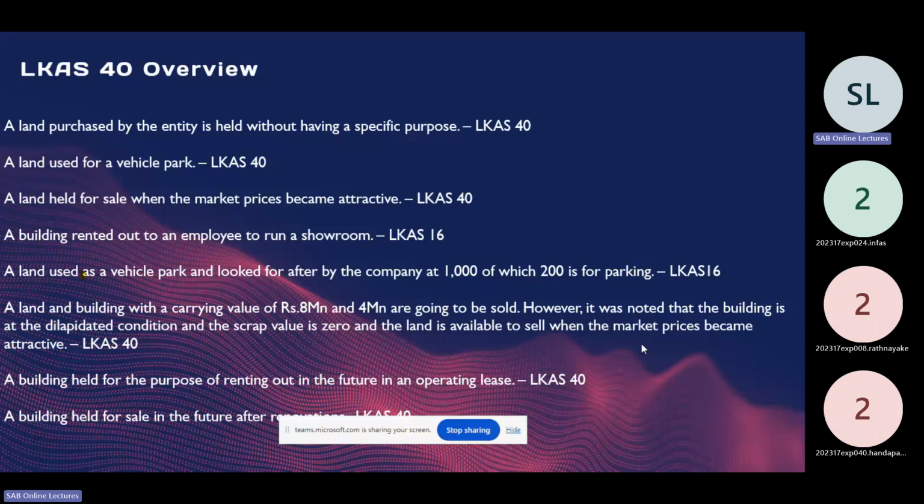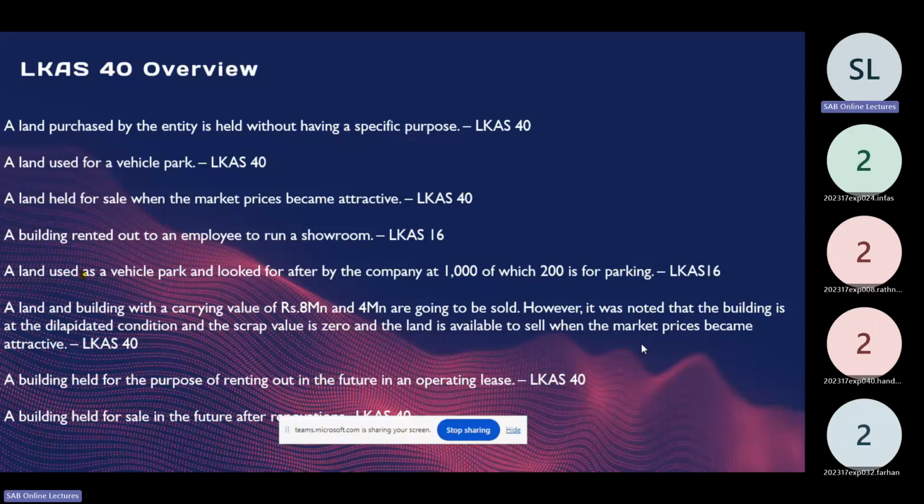They expect rental income in the future, and the land is kept for capital appreciation, as I introduced. They hope to sell at the highest market rate, and such as a building or land held for sale when the market price becomes attractive, they can sell at the most suitable price in the future.